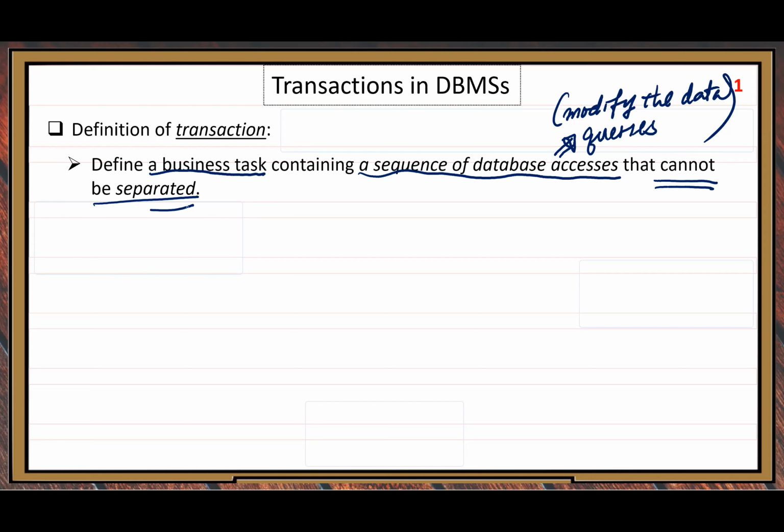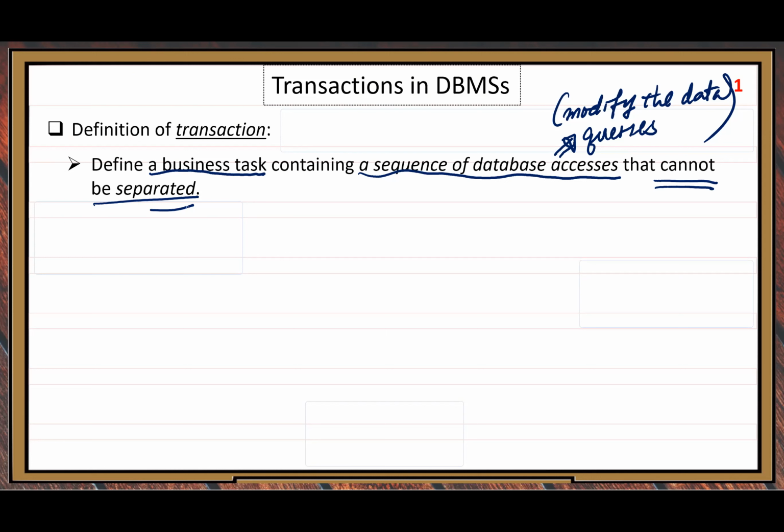If for some reason you execute only halfway and do something else, then when you come back to execute the remaining queries, something could be wrong. Why? Because when you do something else, the data could be modified. Then when you come back, the data could be messed up. You don't want data messed up.